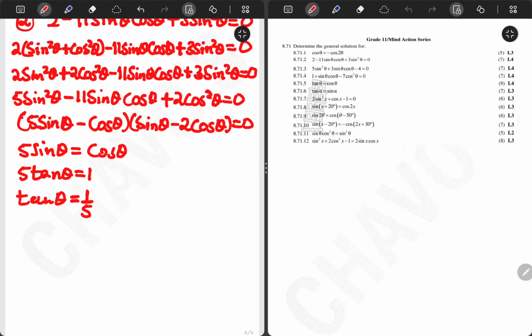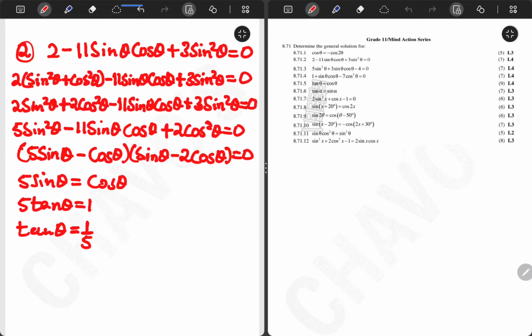Then the next one there, you can have sine theta equals 2 cos theta.